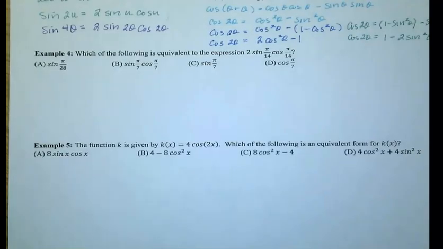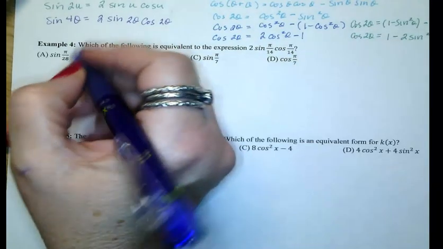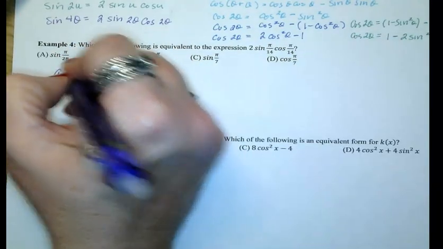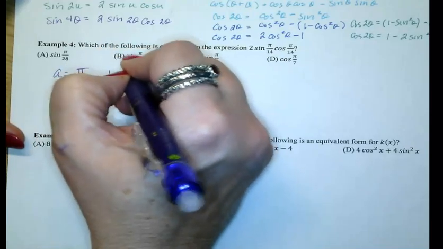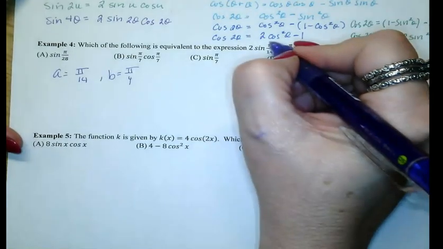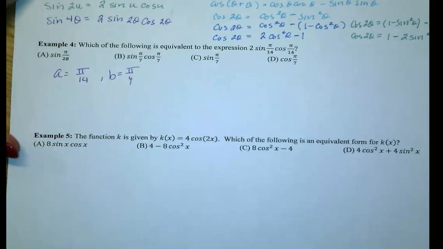All right. So I'm going to start by identifying these 2 things. I'm going to say my A is going to be pi over 14, and my B is going to be pi over 14. So I'm just assigning this to be my A and this to be my B. All right, so now we're going to work backwards and see what we can figure out to be true.